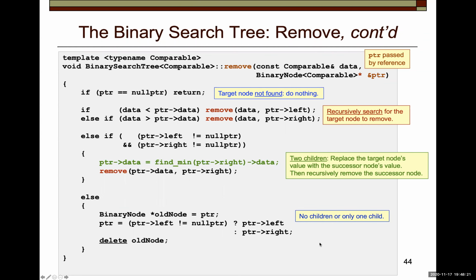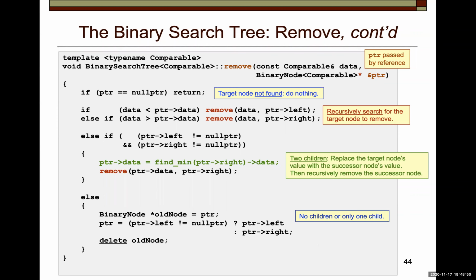If the node we're removing has no children, then its left and right pointers must be null pointers, and so here we're telling the parent of the node to set the pointer that was pointing to the node we're trying to remove to the null pointer, and therefore that node has been removed.